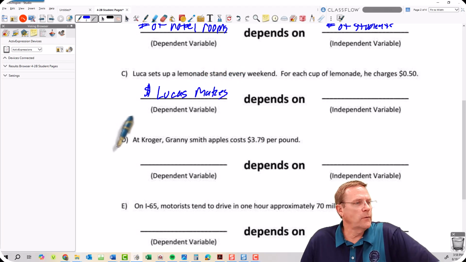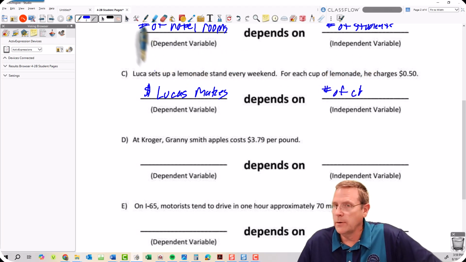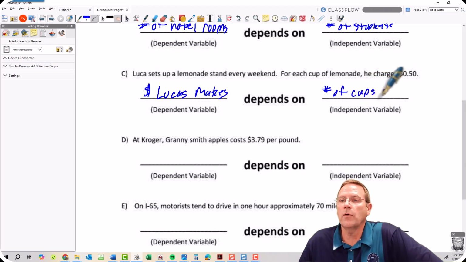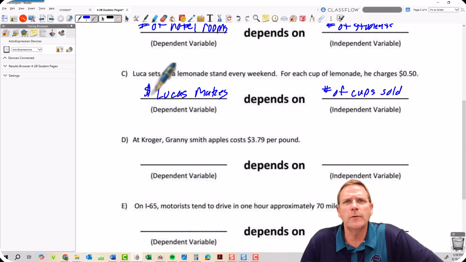And what's going to affect the amount of money Lucas makes? Well, that's going to be affected by not how much he charges, that's told us, but by the number of cups sold. We know that he's charging 50 cents per cup, but the number of cups sold times the 50 cents per cup equals the amount of money he's going to make. See how easy this is? Let's look at the next one here.